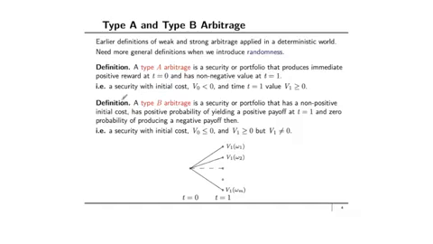So, that is a security with initial cost v0 less than 0. If its cost is negative, that means if we buy it, we actually receive money. It's a little bit confusing, but when you have a negative initial cost, you actually receive money when you buy something. So a type A arbitrage is a security with initial cost v0 less than 0 and time t equals 1 value v1 greater than or equal to 0.